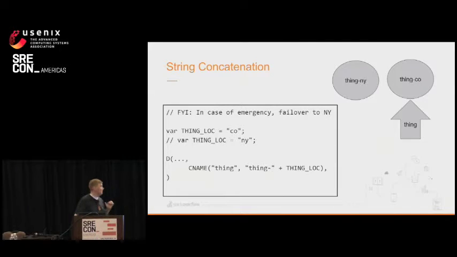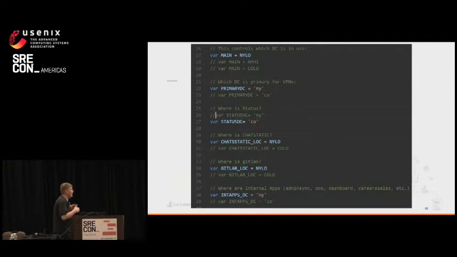And this kind of strategy has led to our DNS file really having a playbook embedded in it at the top, where we have a list of here's all the different things we can move around, and here's a description of it in the code. And we're not just going to tell you how to do it. We're going to actually put the code in there, commented out. So if there's an emergency and we need to fail over the VPN or chat or Git or whatever, right?